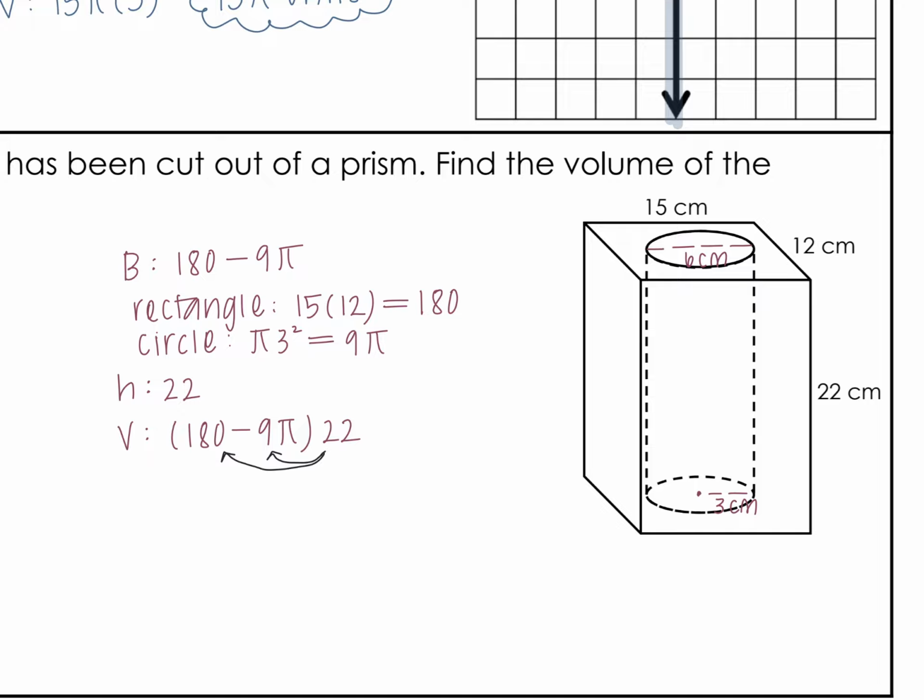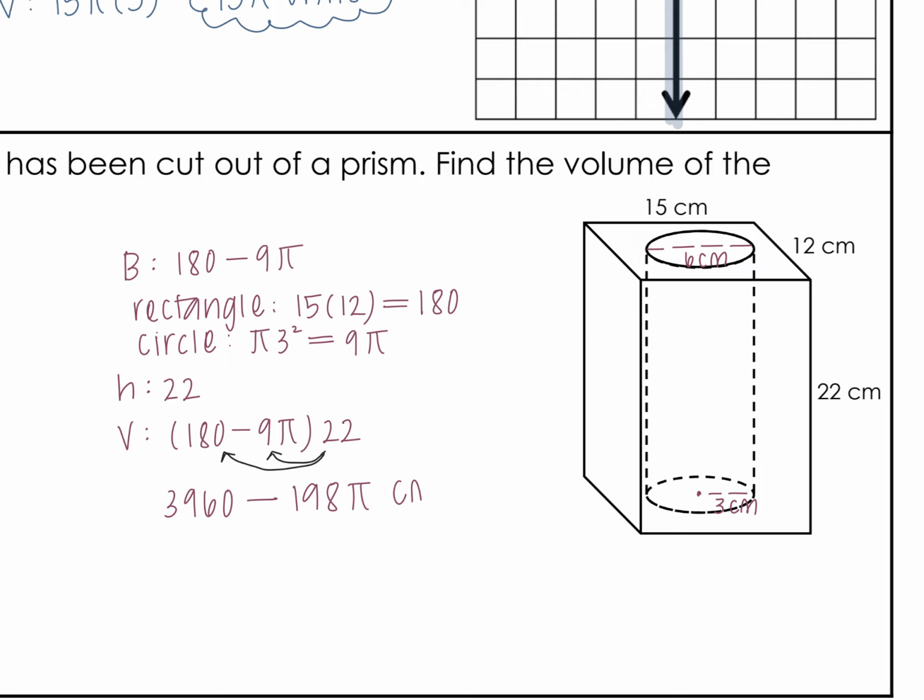So that 180 times 22 is going to give me 3,960 minus, and then that 22 times 9 should give me 198, and then we'll have that pi with it as well.